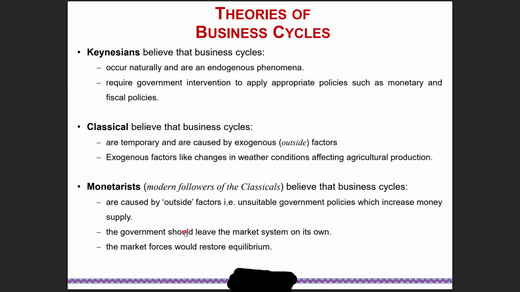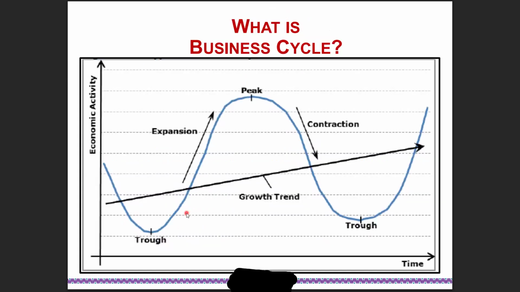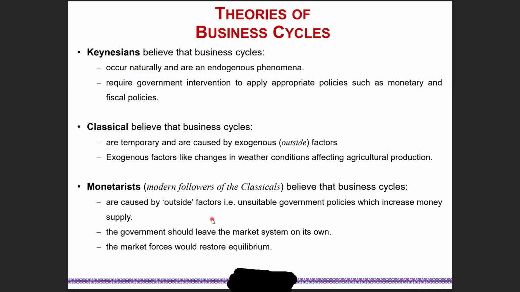So they are saying these fluctuations are caused by outside factors, such as bad weather conditions, and that we should let the market forces bring the market back to equilibrium.